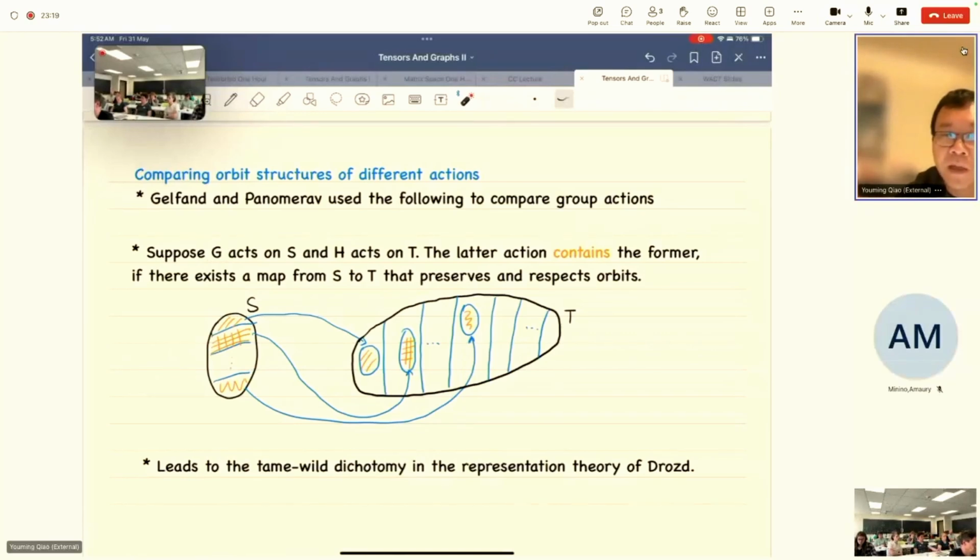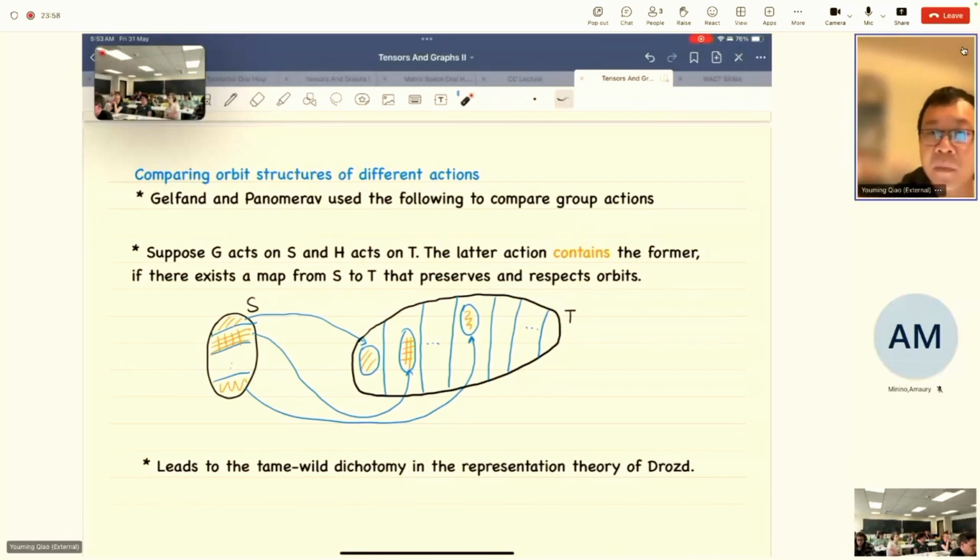And we say that the H action contains the G action if you can have a map between S and T such that the orbits of the S side will be mapped to the orbits of the T side. So for example, this won't be allowed, right? You cannot have an orbit here that is mapped across here, or you can map two orbits into the same orbit of T. So that it just preserves and respects. What does preserve and respect mean?